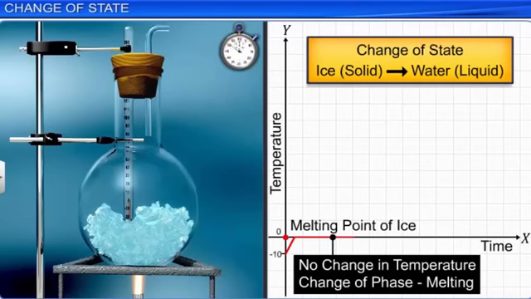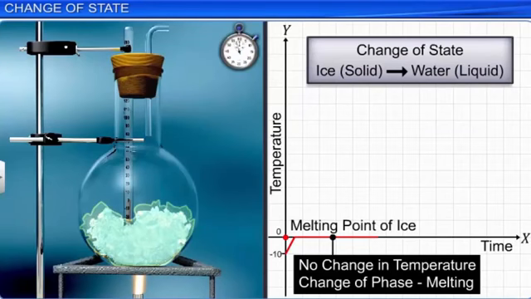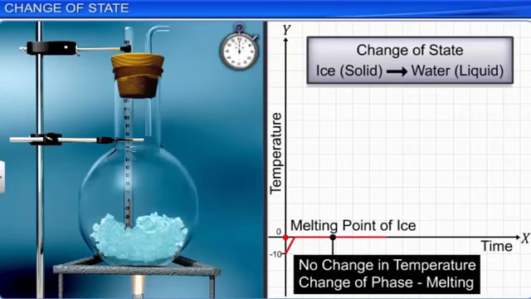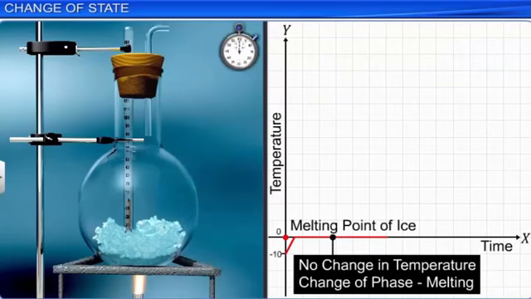During this process, both solid ice and liquid water coexist. No change in the temperature is observed till the entire ice in the flask melts to water. That means, on absorbing heat, ice at 0 degrees Celsius converts to water at 0 degrees Celsius.